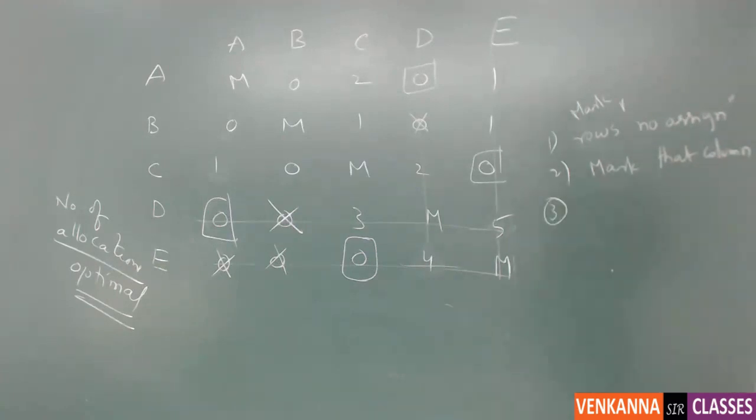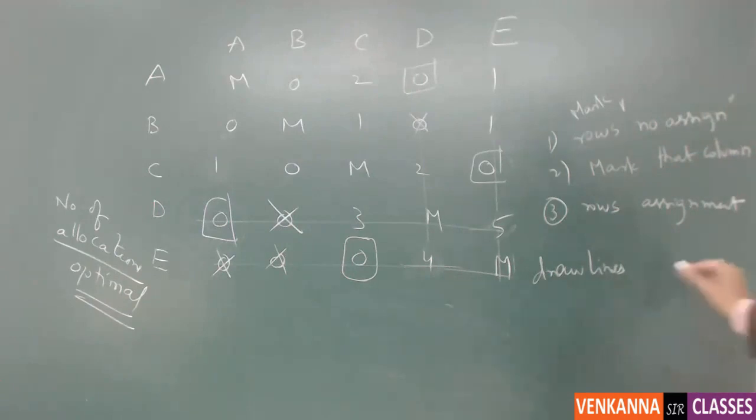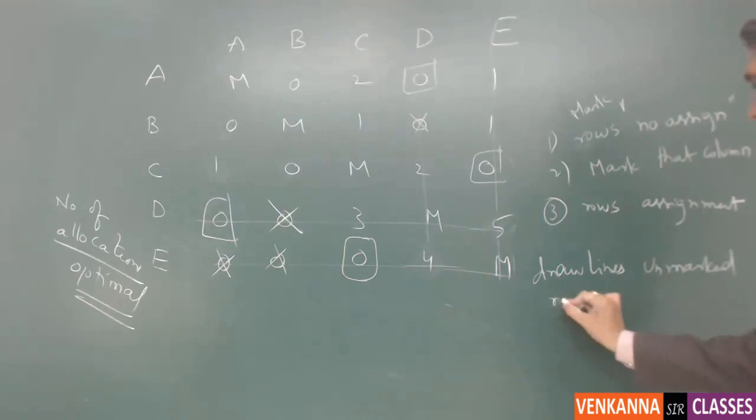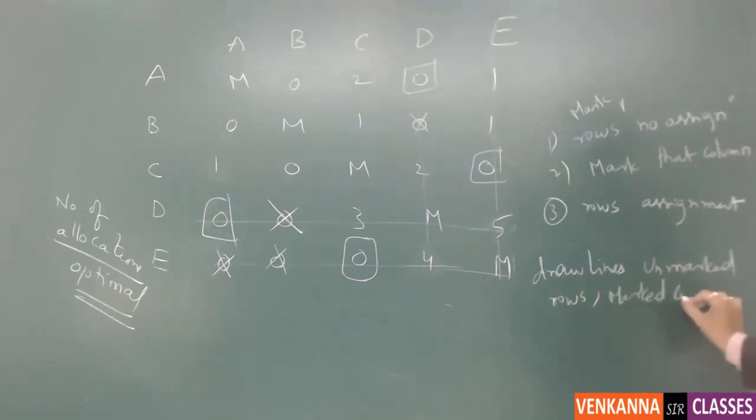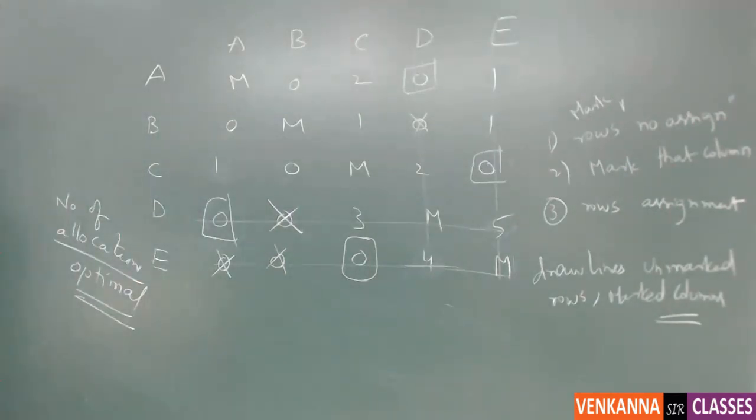And the next one is take the rows which have an assignment, mark them. Later you draw lines for unmarked rows and marked columns. That is the procedure given in a short note. So for the majority of the cases, that works.